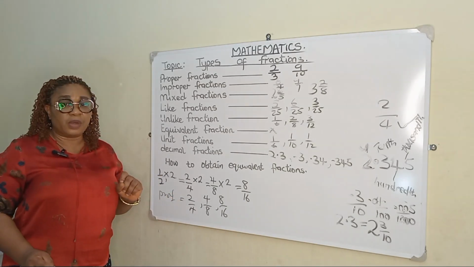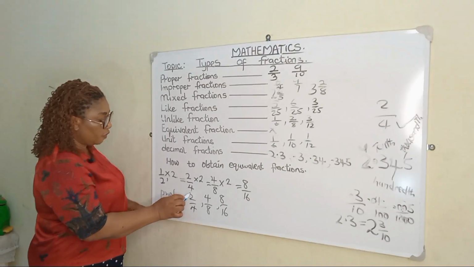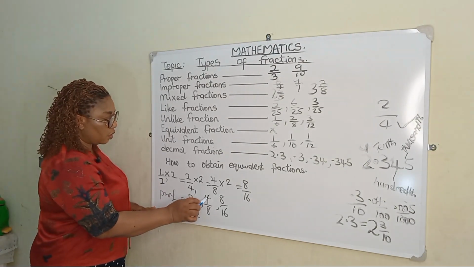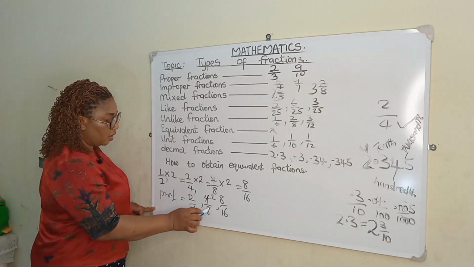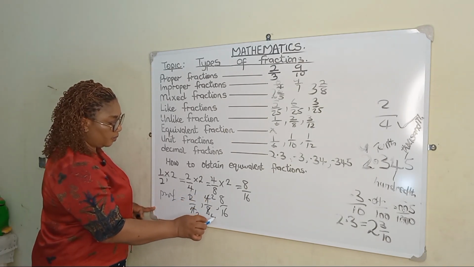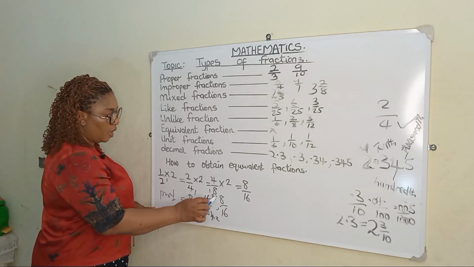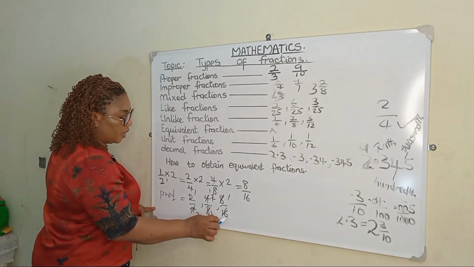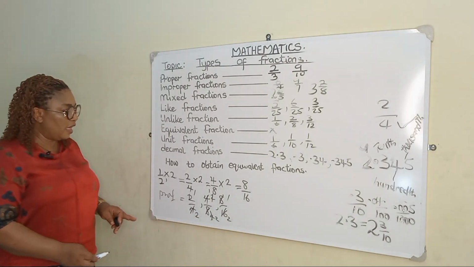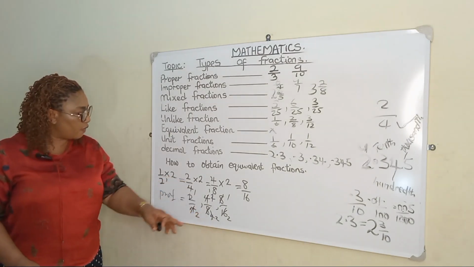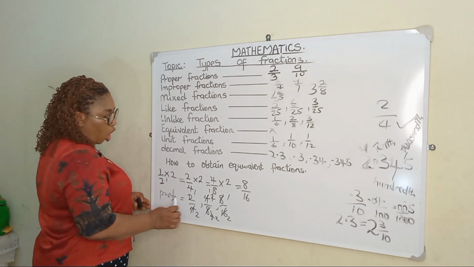Let me see what I will get. 2 divides itself, dividing this. 2 divides this, dividing this. 2 divides itself again, dividing this. 8 divides itself, dividing this. You see, at the end, we got half, half, half. This shows you that all these fractions are equal.